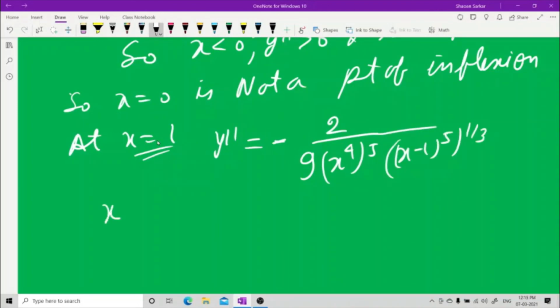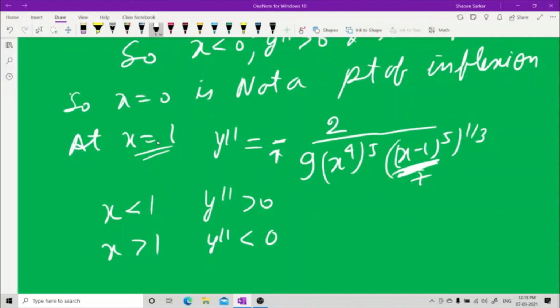Now at x less than 1, this quantity is negative and there is a negative, so it becomes positive. At x greater than 1, this is positive and this is a negative, so y double dash is less than 0. So near x equal to 1, that is between 1 minus epsilon and 1 plus epsilon basically.